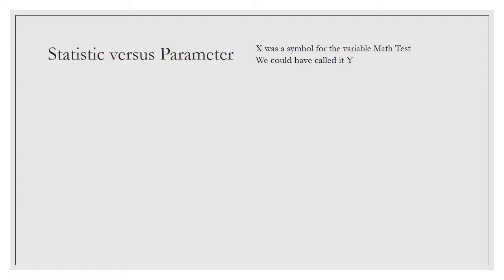So in our previous example, we started with a very simple symbolic example with the idea that x represented a variable. Specifically, x was the symbol for the variable called math test, and we assigned that at the top and gave it some values. We could have also called it y.